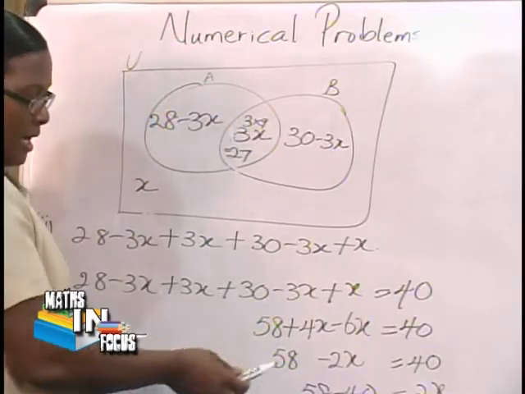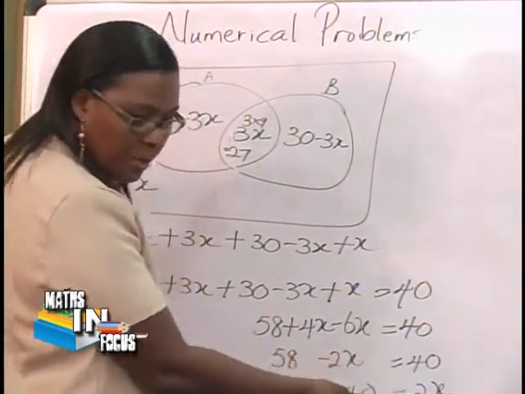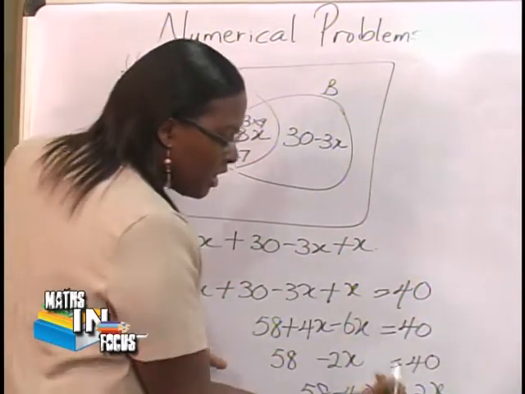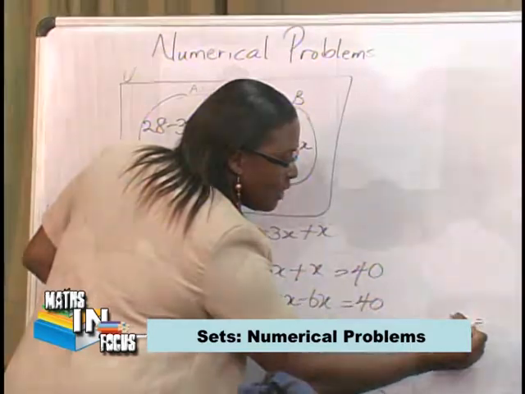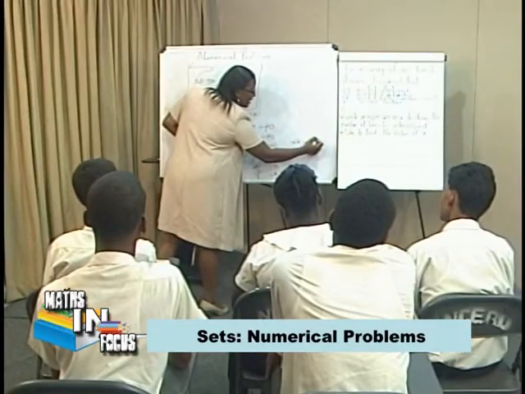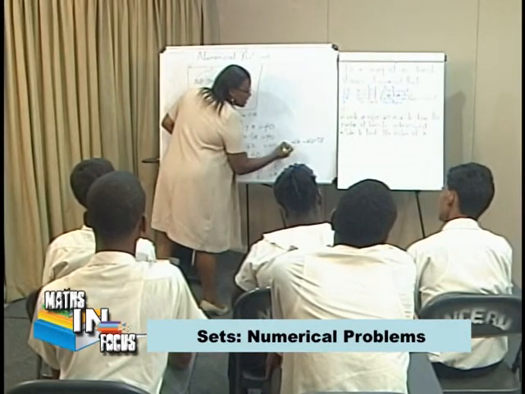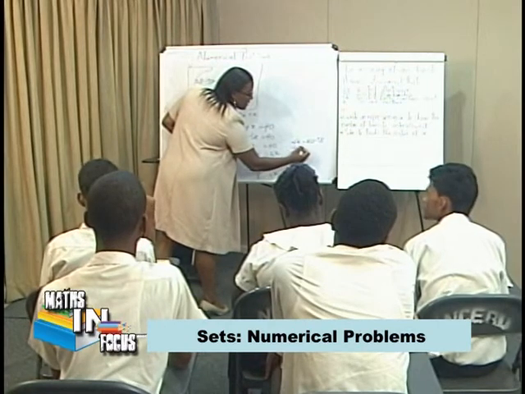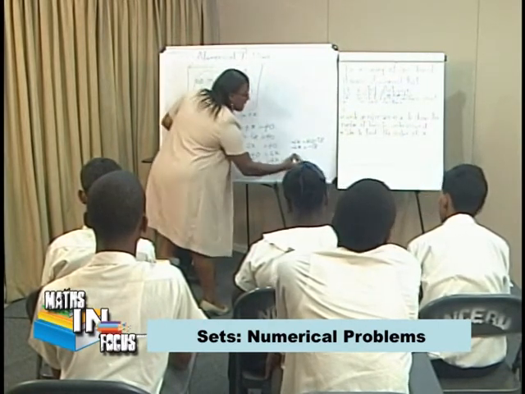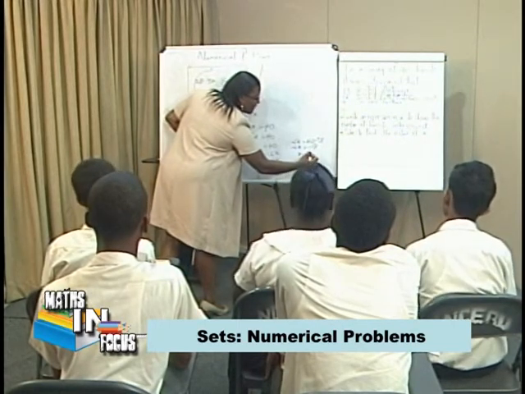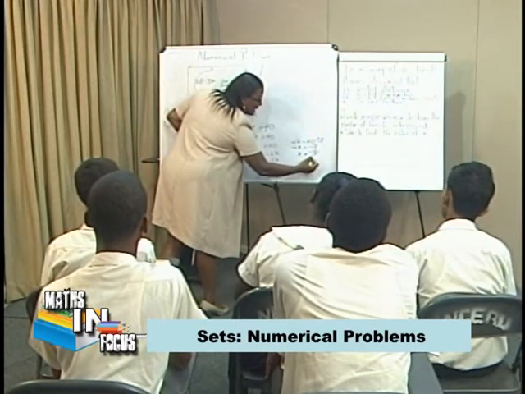So at this stage, instead of having the 40 come across to the left-hand side and the negative 2x going across and becoming positive, what we could have done also is have the negative 2x equal to the 40 take 58. So we have a negative 2x equals a negative 18. x is equal to negative 18 divided by a negative 2.